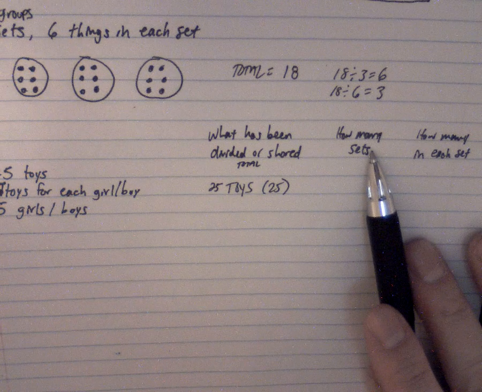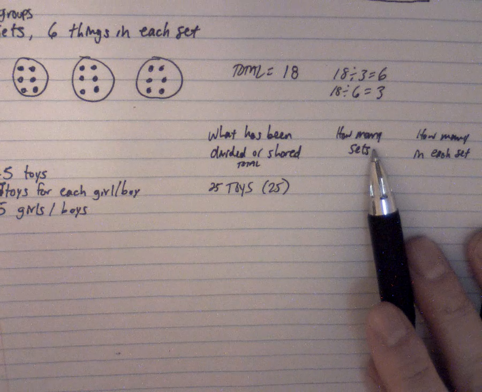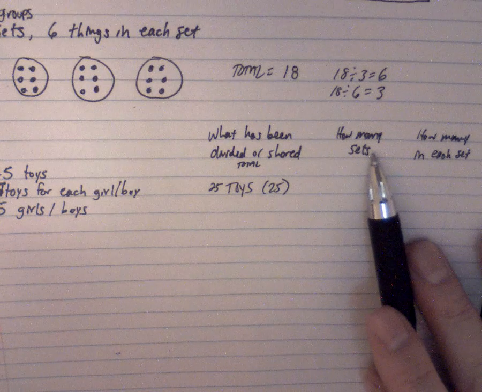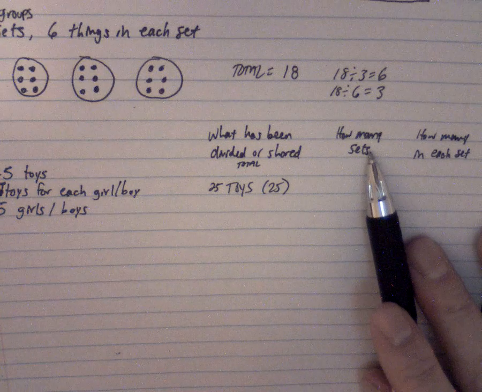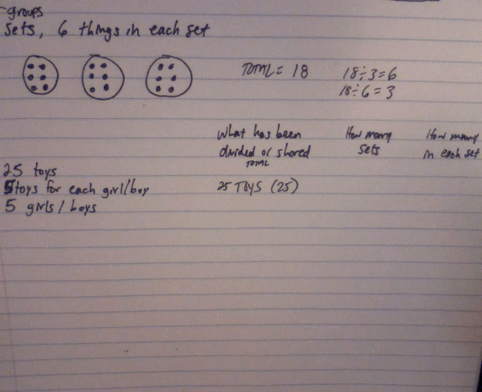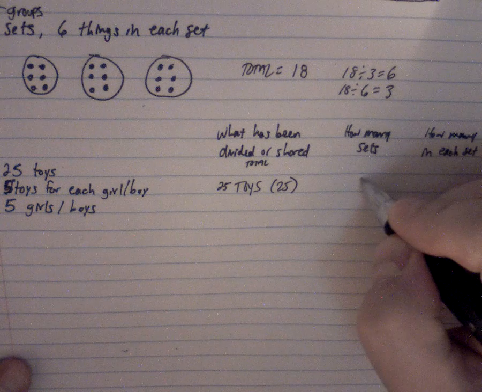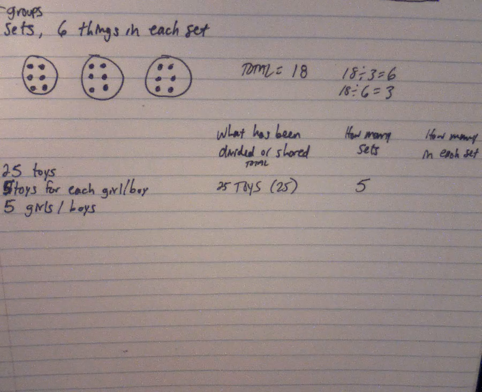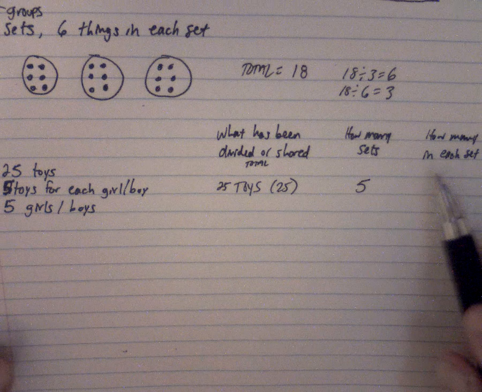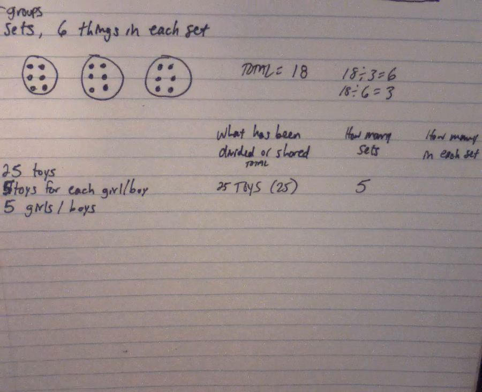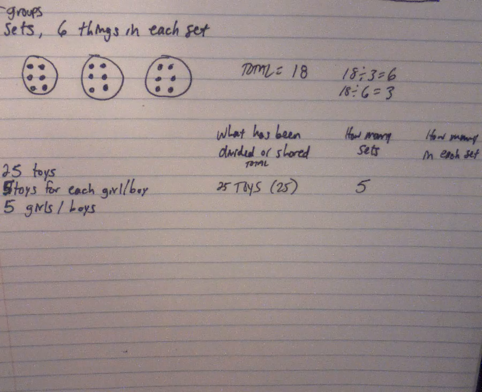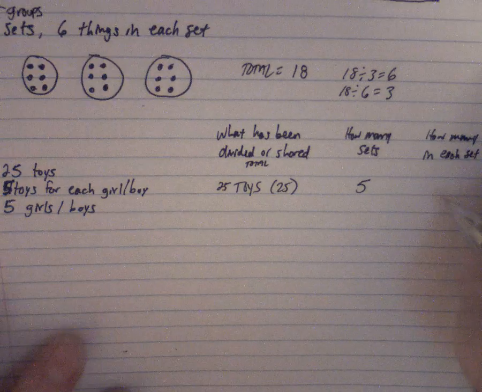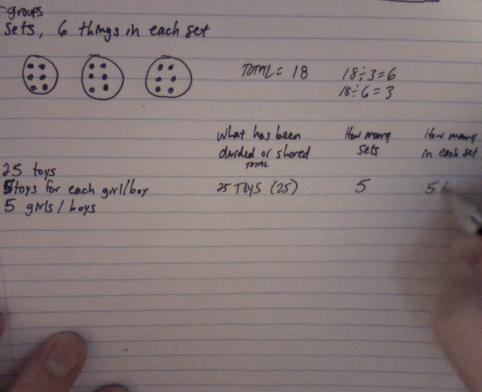How many groups? Basically, how many girls or boys are there? We look here and we see that there are 5. How many in each set? How many toys are in each for each girl or boy? We see there it says 5 toys.